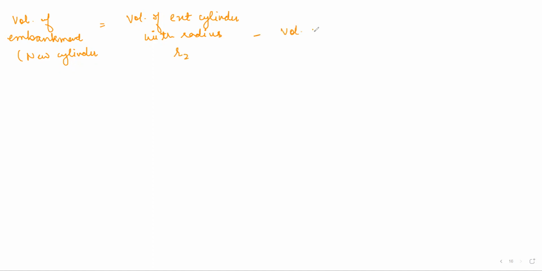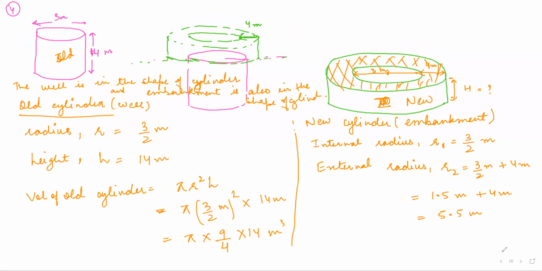Minus volume of internal cylinder with radius R1. Is that okay? Yes, ma'am. So what is the formula? Pi r square h, right? What you have to find? Okay, height. See, height of both will remain the same. Understood? Capital H.